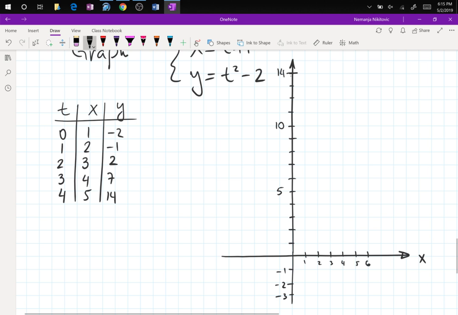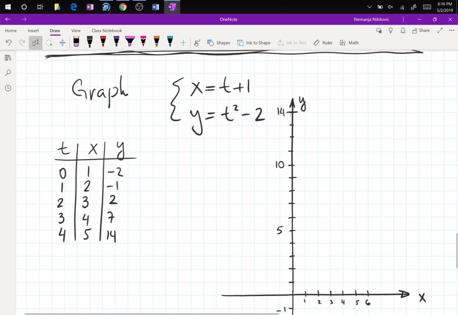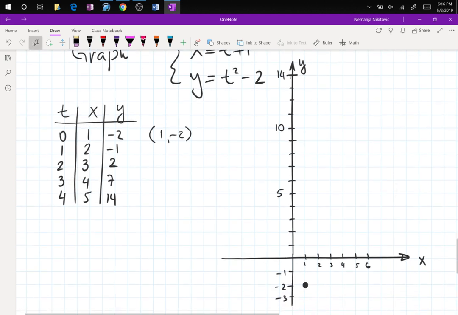X is 1, y is negative 2. And that's my first point. Right? These are my x and y axes, guys. We don't have a new graph. We use the time parameter t in these equations to compute an x and a y. And now you just have your good old 1, negative 2 point. And you just graph them.